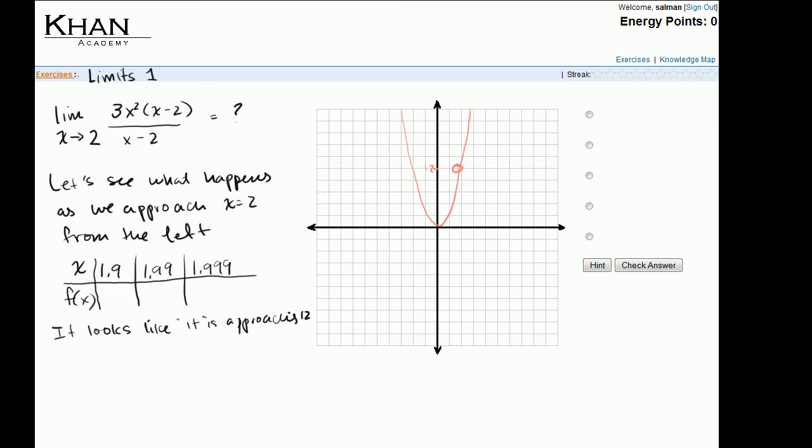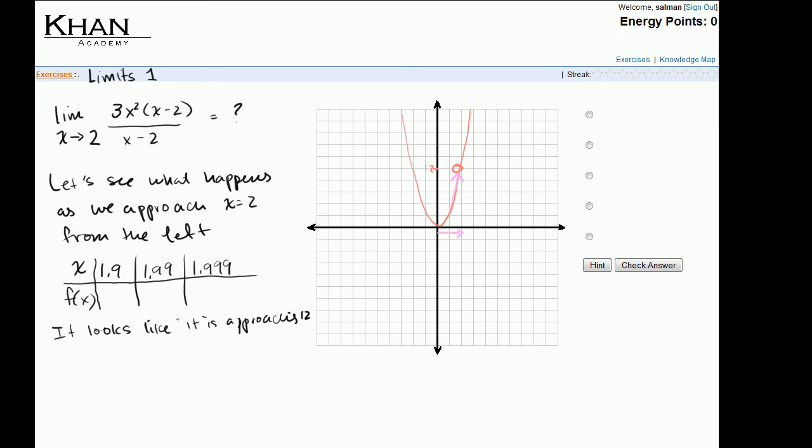And if we do draw the graph, we could show that we're approaching 2 from the left, and we could show that the numbers look like they're approaching 12. So we could say looks like the numbers are approaching 12.